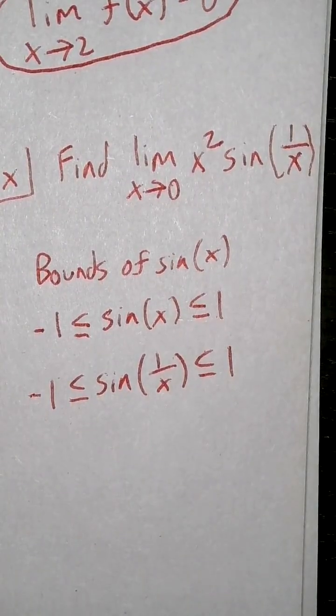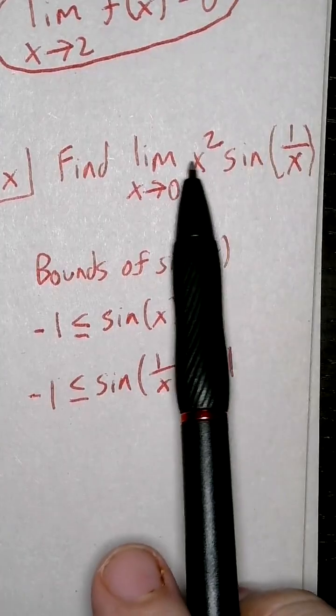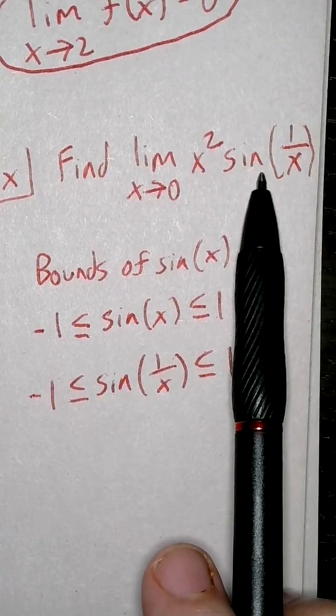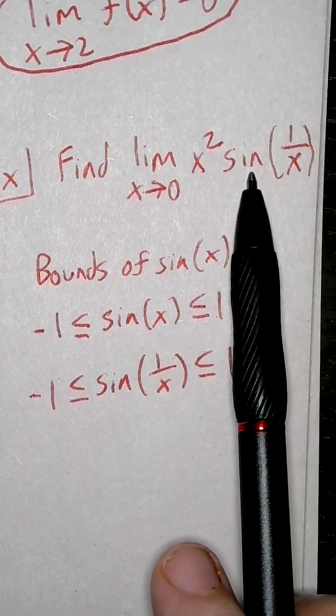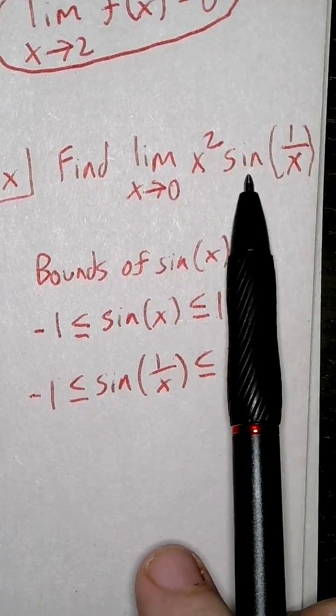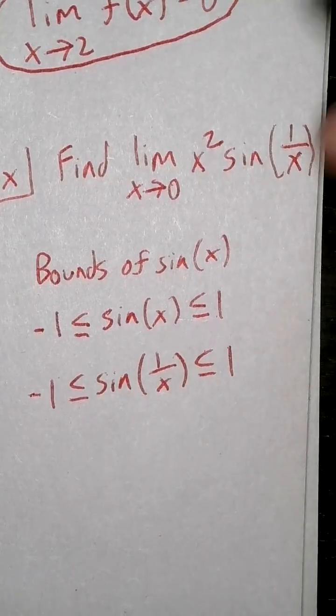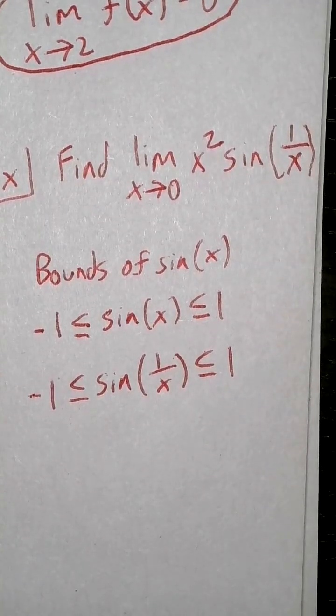Couldn't you rewrite as the limit as x approaches 0 of sine of 1 over x? Nope. Here's why. Because I'm not multiplying x squared by 1 over x. I kind of like to think of sine as its own operation. So sine of 1 over x is different than just 1 over x. If it were x squared times 1 over x, absolutely I could do that.